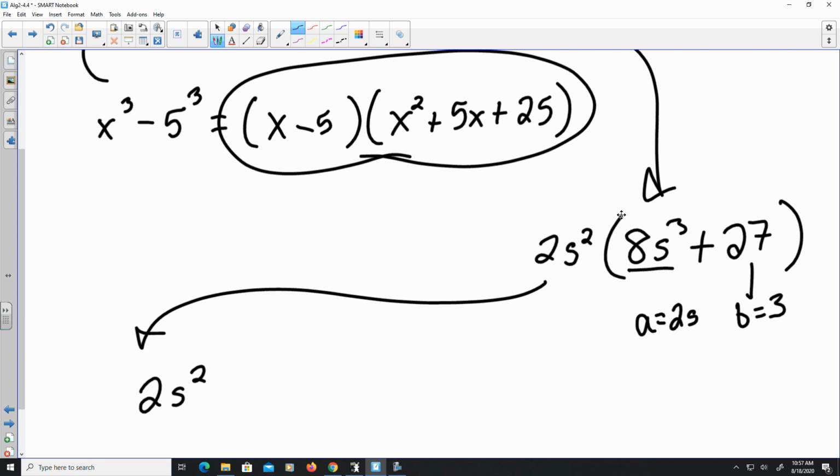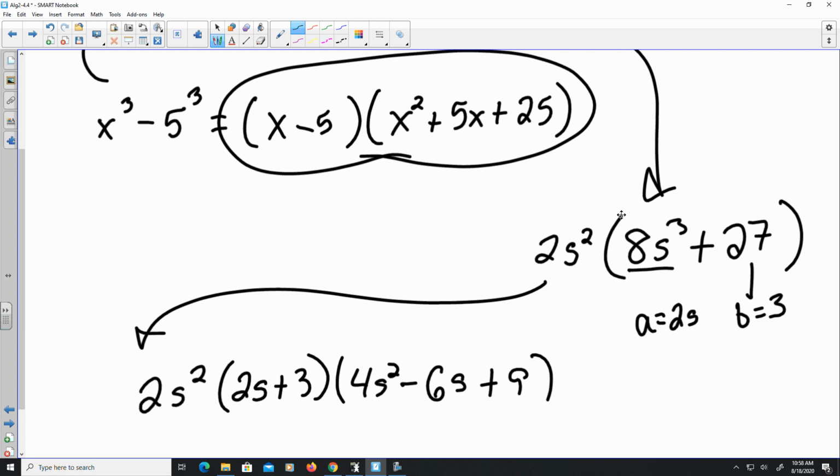Then 8s cubed plus 27 is going to turn into a plus b, because it's a sum of two cubes, so it's going to be 2s plus 3, times the quantity of a squared, which is 4s squared because you have to square both of those values, minus the product of a and b, which would be 6s, plus 9, because 3 squared is 9.